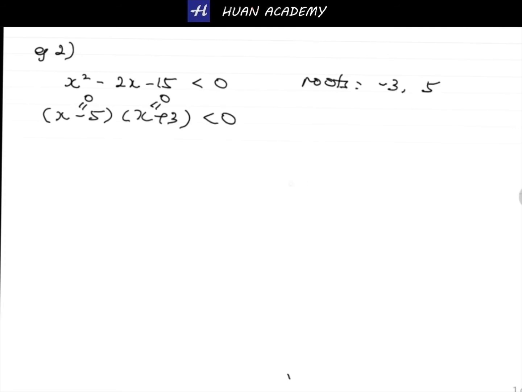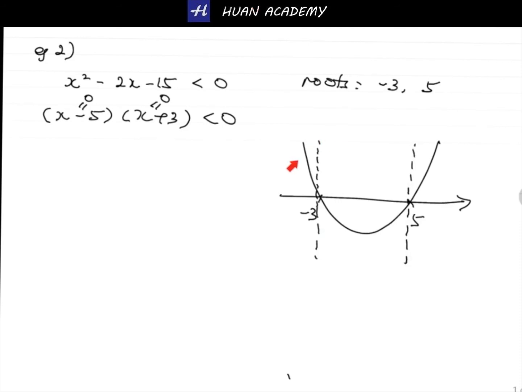So let's put these two roots on the x-axis, and in this case a is positive, so its shape is a U-shape, right? As you can see from here, let's recall that we can divide the whole region into 3 zones, and in this case we are looking for y smaller than 0.